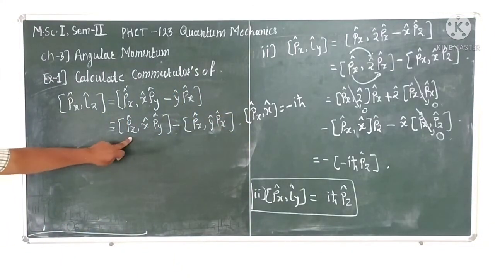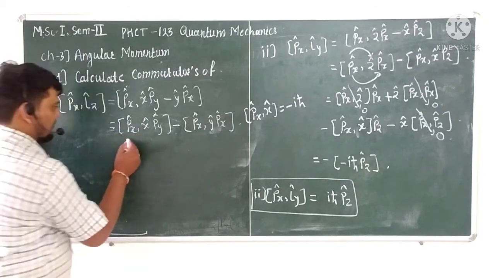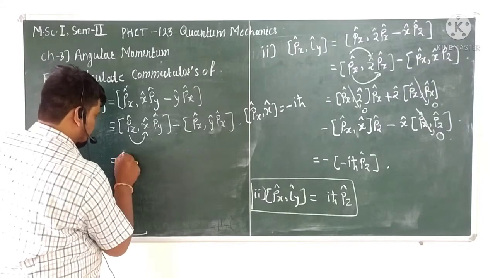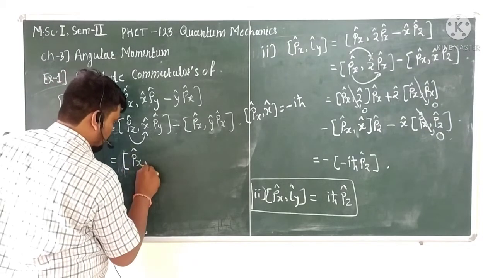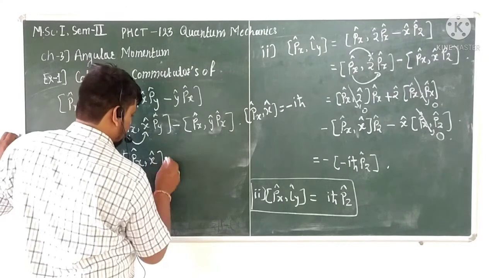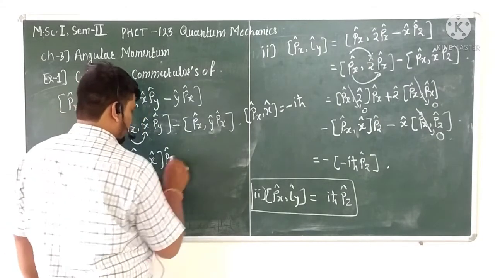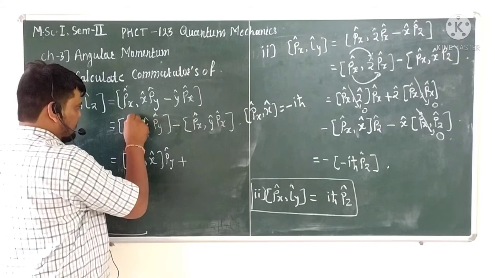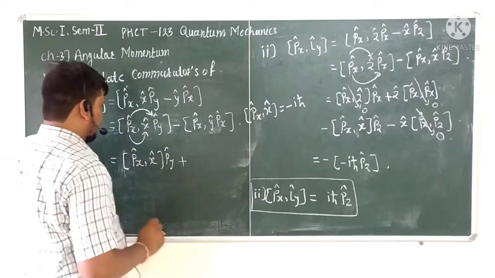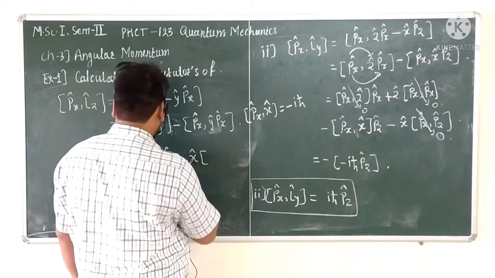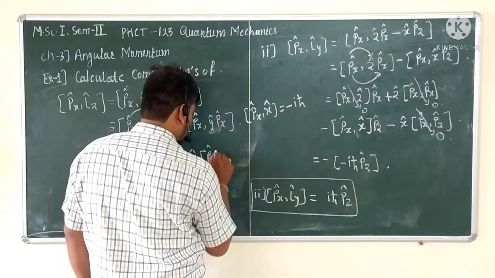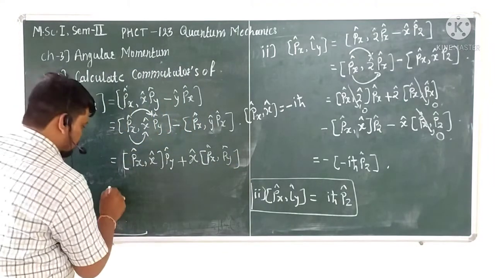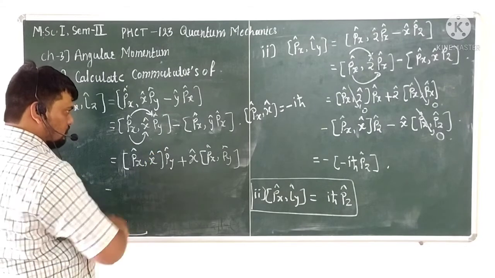First of all this px which commutes with this x, that result will become [px, x] with py outside of the commutator bracket, plus this x taken in front of this bracket, that means px commuting with py, so x is taken outside here, that is x into [px, py]. Okay, again minus sign is there.